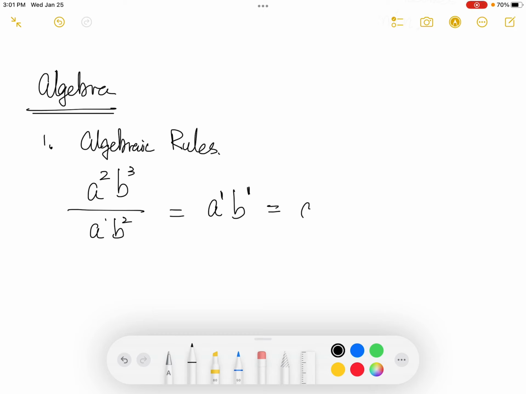And then this is just a times b, right? So when we have just a times b and there's nothing here, that just means that there are a to the exponent of 1, b to the exponent of 1. So that's one thing.